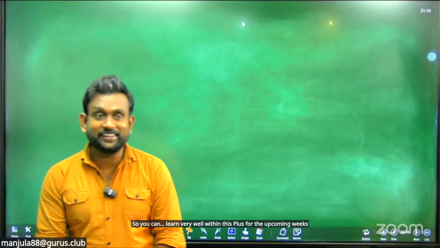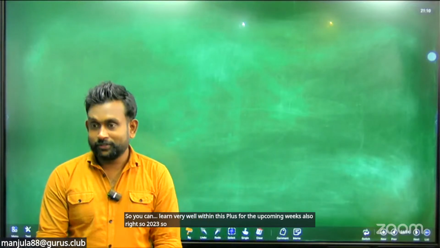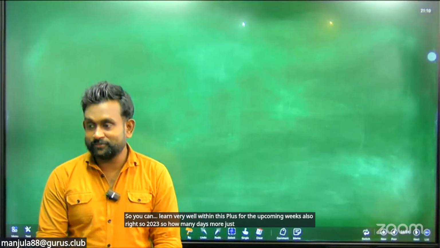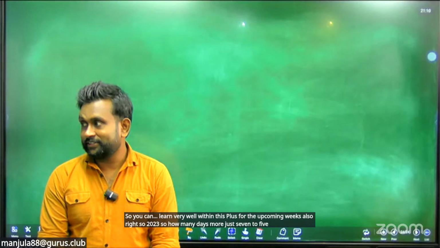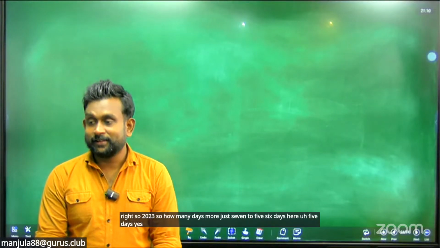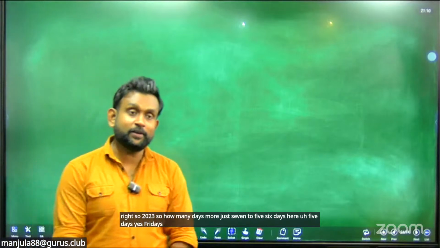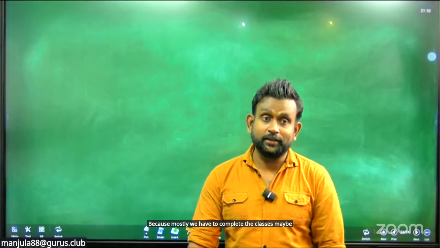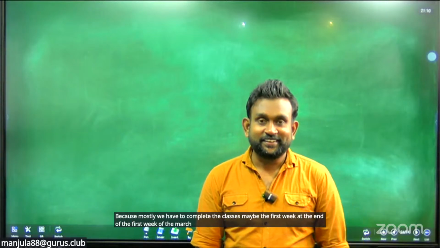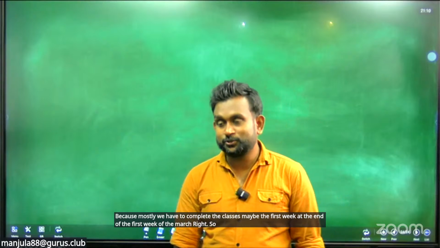So today is the 23rd. How many days more? 6 days here. 5 days, yes, 5 days. This month finishes, then 1 week more, because mostly we have to complete the classes maybe at the end of the first week of March, right? So 2 weeks more, imagine 2 weeks more.